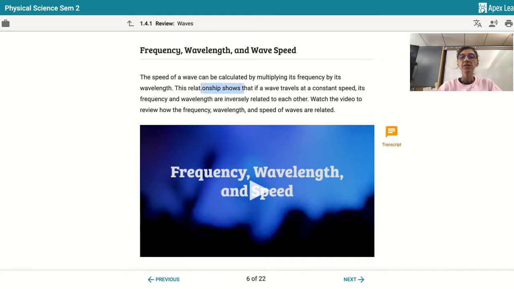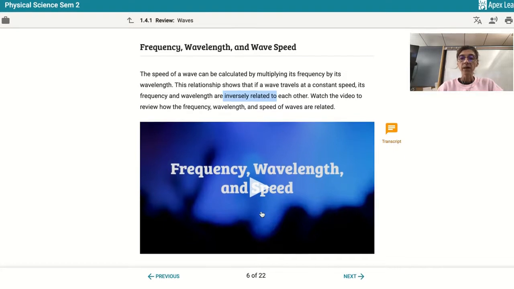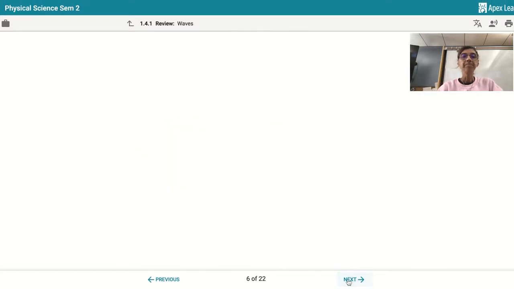This relationship shows that if a wave travels at constant speed, its frequency and wavelength are inversely related to each other. As you increase the frequency, you decrease the wavelength because they're much closer together. And as you decrease the frequency, you increase the wavelength. That's what inversely related to each other means. And you'll watch this video and that will help you with that idea.